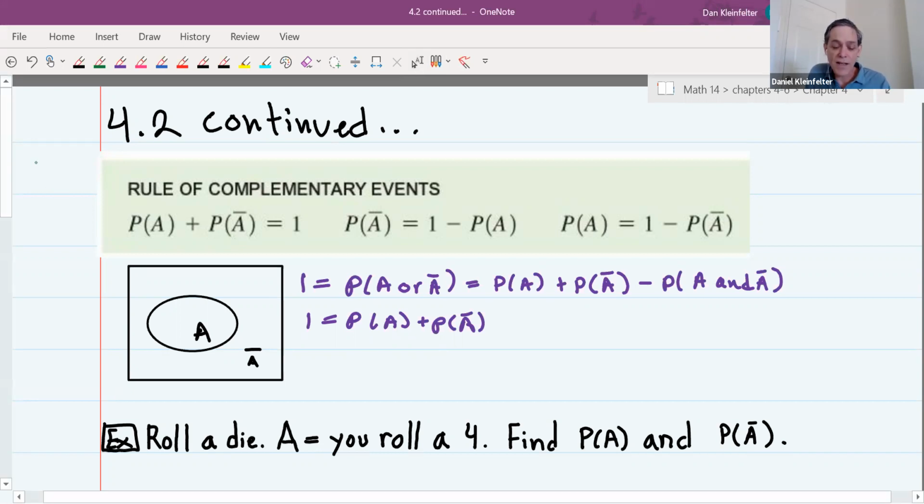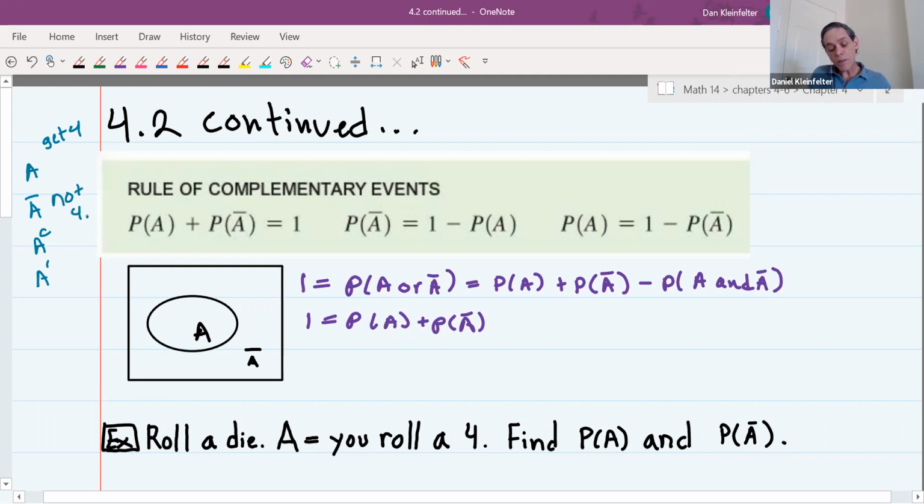So if A is, you roll a die and you get a 4, okay, then the complement, which we could denote with a little bar on top of the A, or a little superscript C, or a tick mark, all of those could mean the complement, depending on whose book you look in or where on Google or YouTube you are. Our book uses the horizontal bar on top, and so I'll probably stick with that. Those would mean getting anything other than a 4, so it's not a 4.